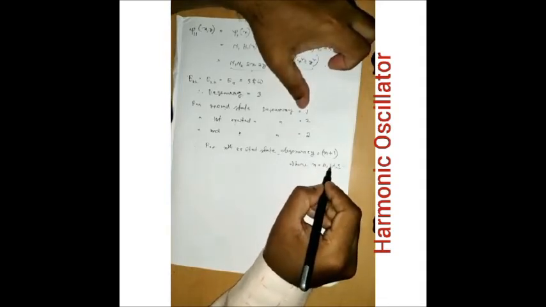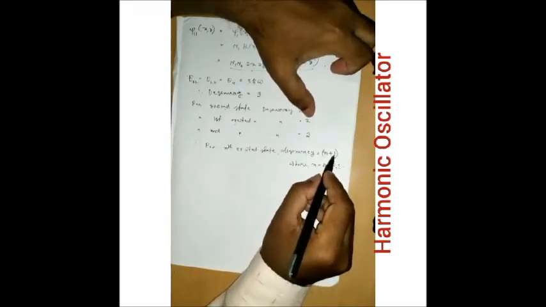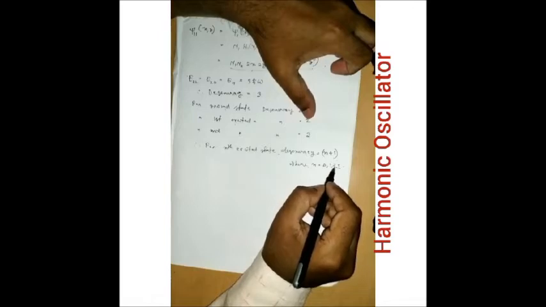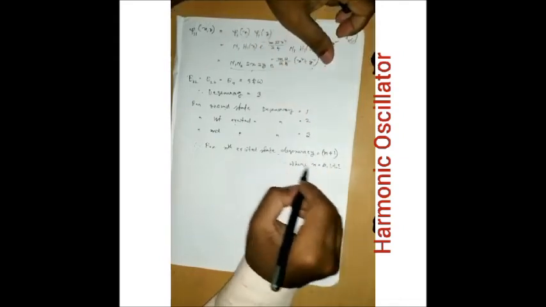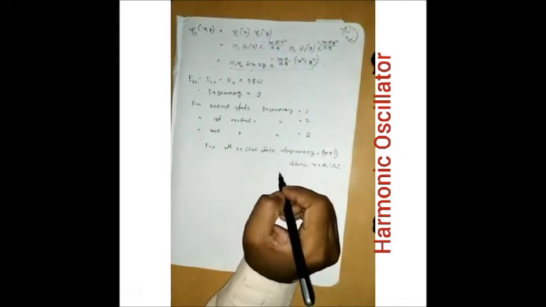For 1 meaning first excited state, you put 1 here, you will get degeneracy 2. For n equal to 2 meaning second excited state, you put it here, you will get 3. So in this way one can find out.